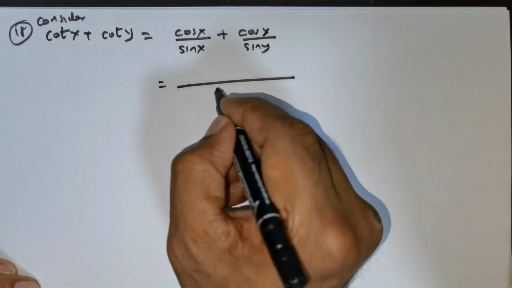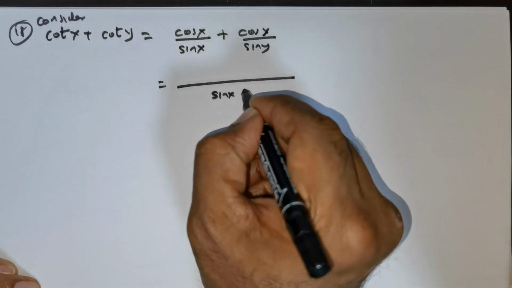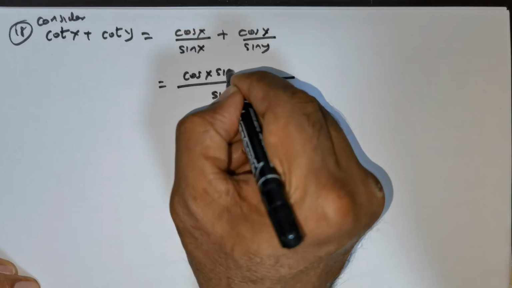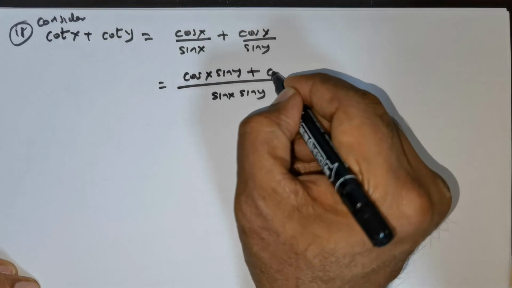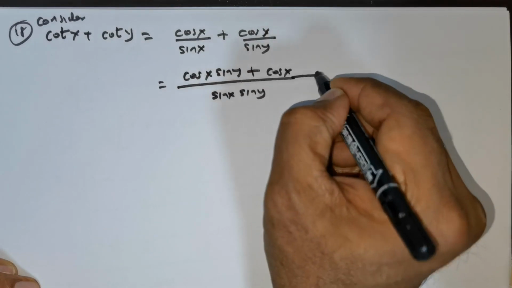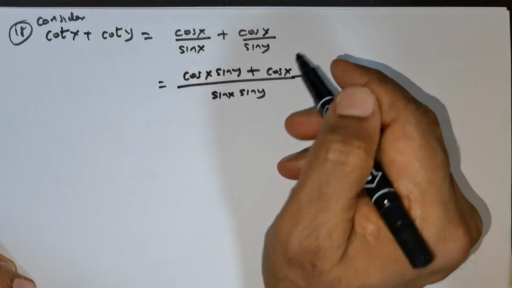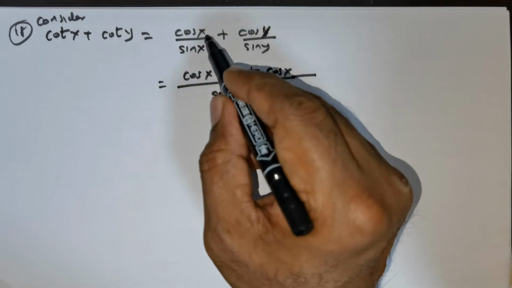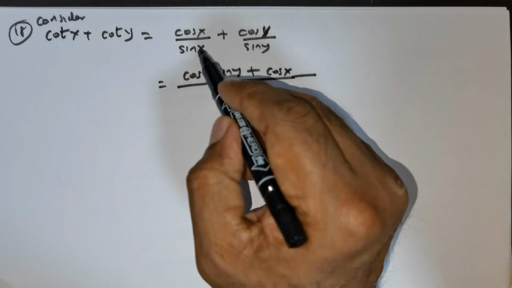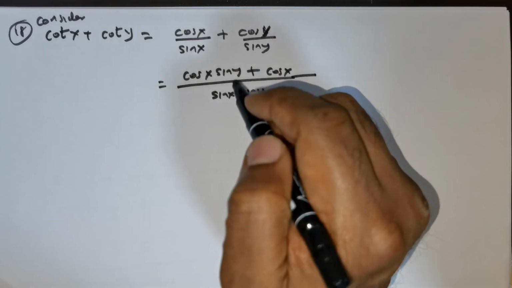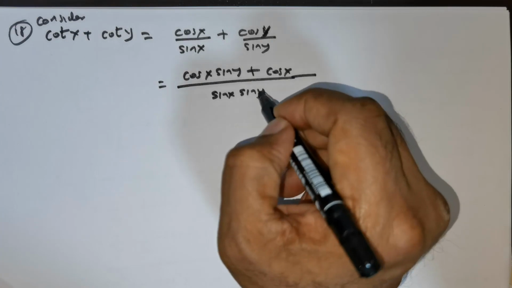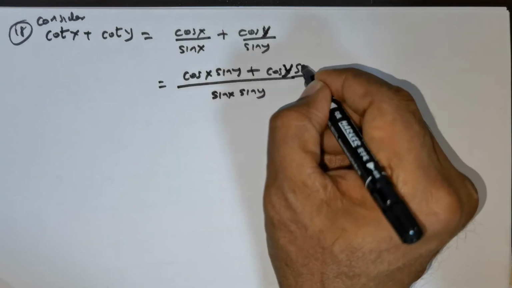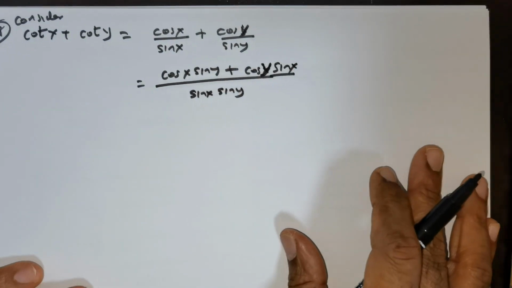Now I want to take the LCM as sin x sin y, so this is going to be cos x sin y plus cos y sin x.